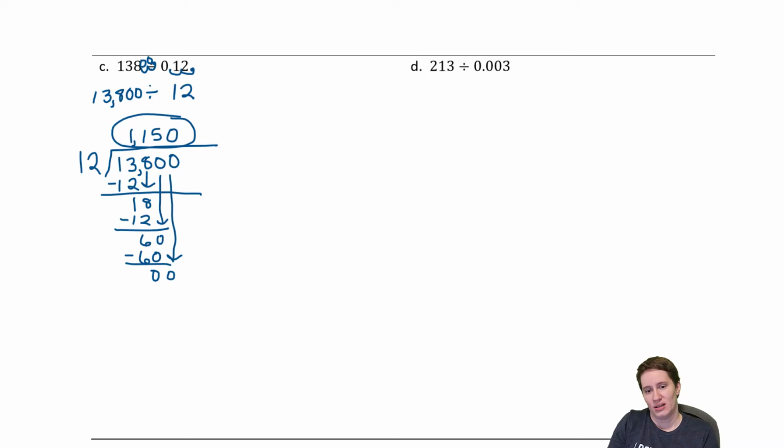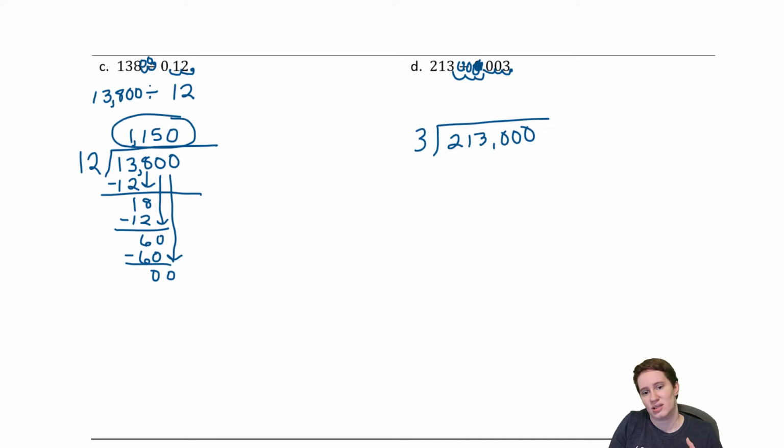All right, so this time we need to not move the decimal just one place, not just 2 places. We need to move it 3 places because this is 0.003. I'm actually going to mark out this 0 so it doesn't confuse me. I'm going to go 1, 2, 3 so that we're putting 3 into 1, 2, 3. Oh, that's not where that goes. 213,000.